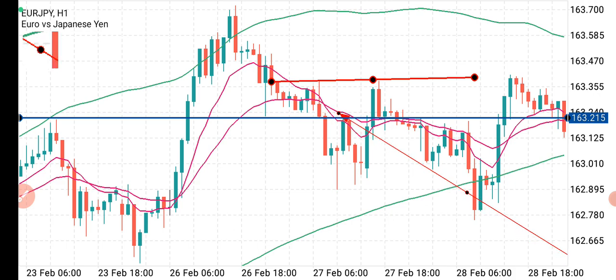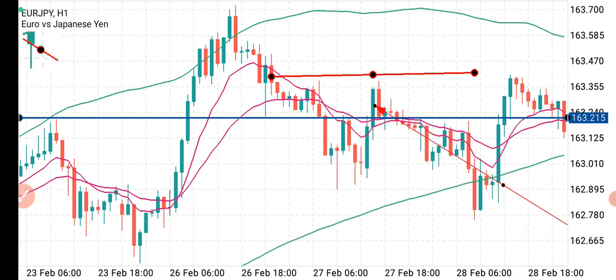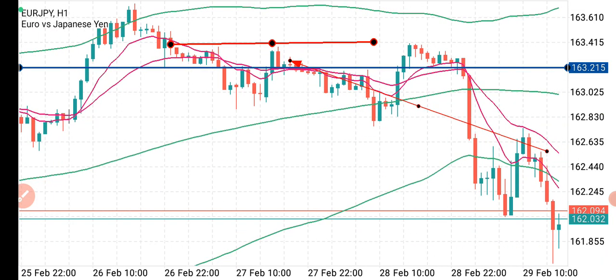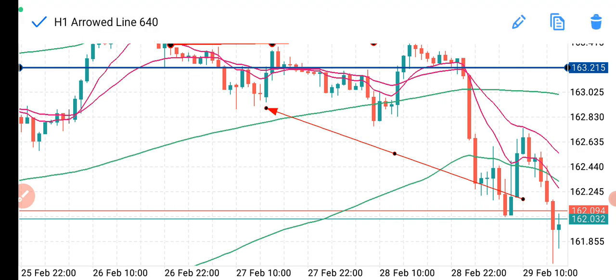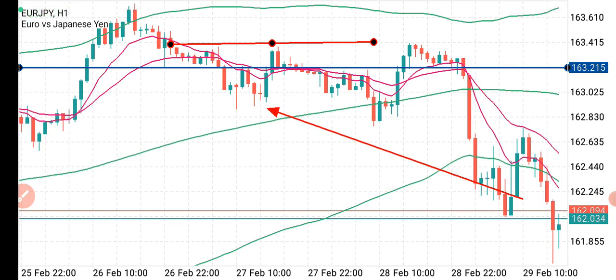This is your entry. You just leave about 15 pips above, and then you can see how price plays out beautifully from that zone to the downside.